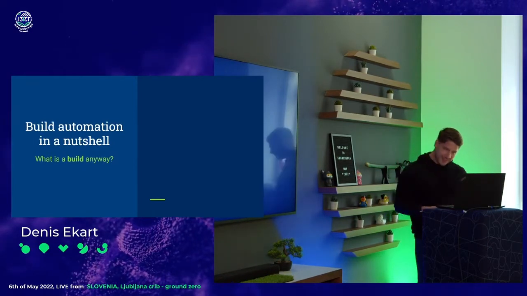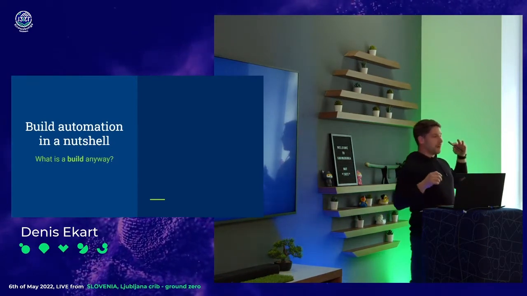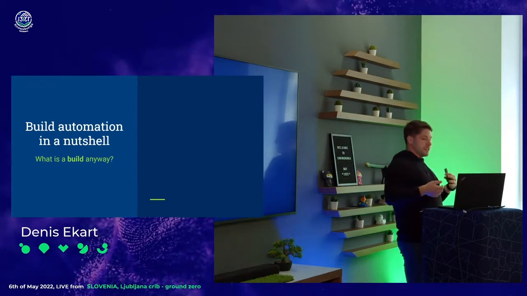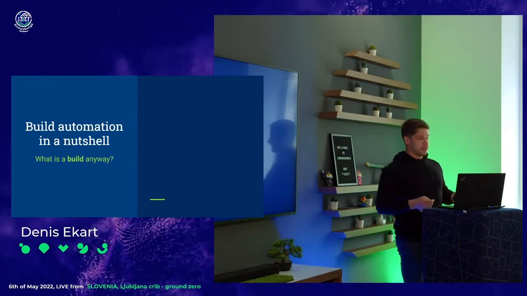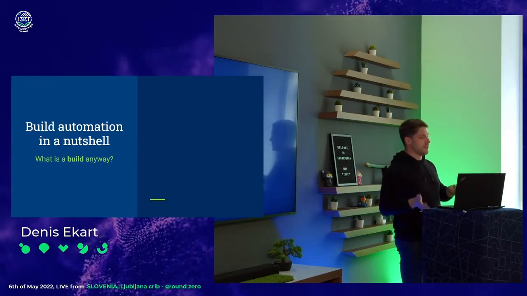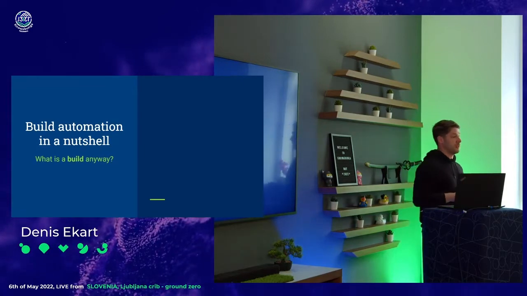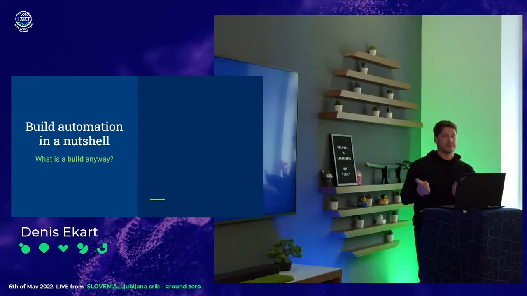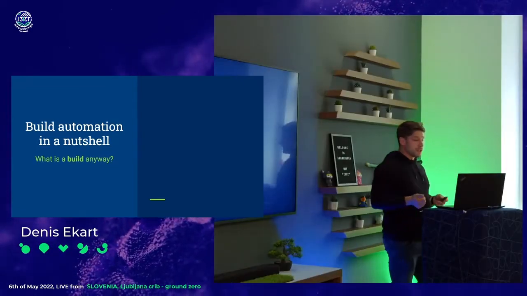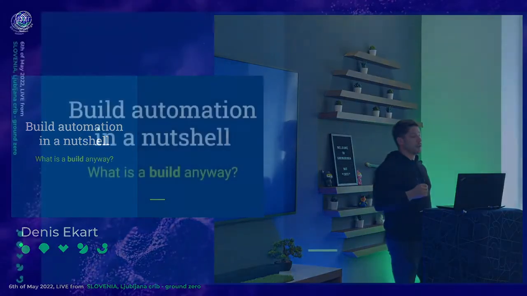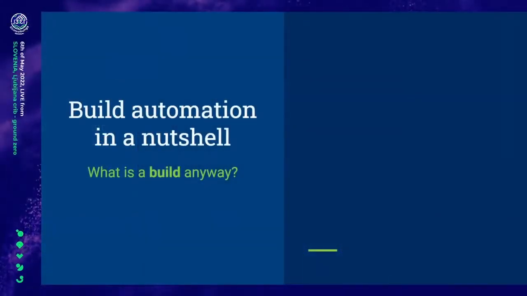Okay, so we are here to talk about build automation. Just so we are all on the same page, I'm going to spend a couple of minutes talking about what a build actually is. What I'm referring to when talking about a build is a process that transforms your code into an artifact that is ready to be deployed and executed, say, somewhere in the cloud.